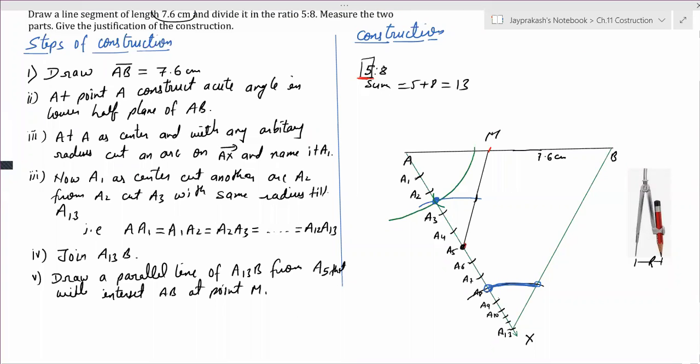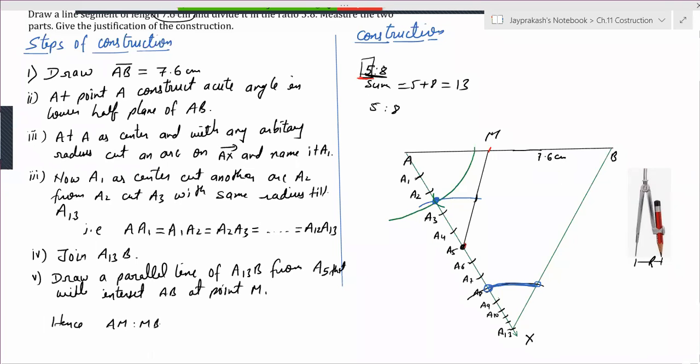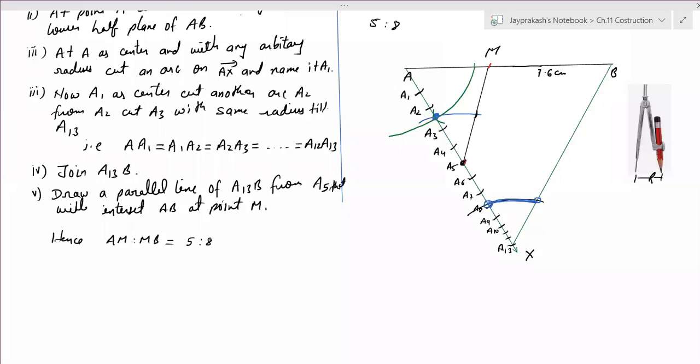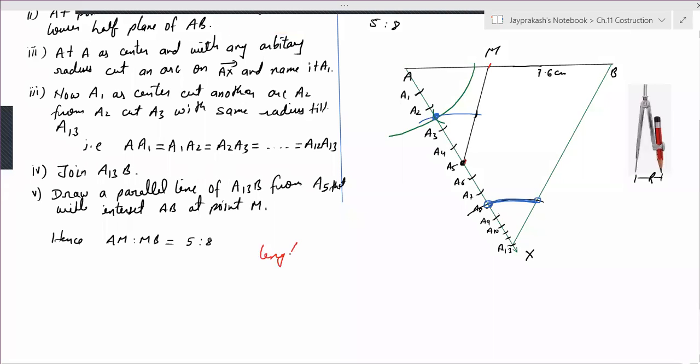Now we have to measure this ratio. So that is the 5 is to 8. So we'll write here, hence AM is to MB equals to 5 is to 8. Suppose we want to find the length of AM.